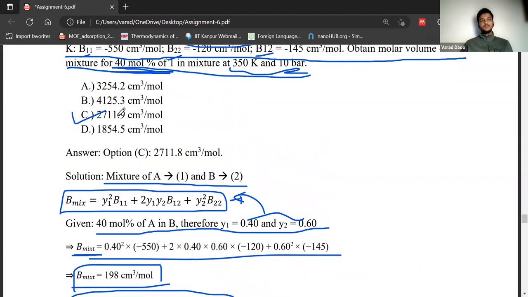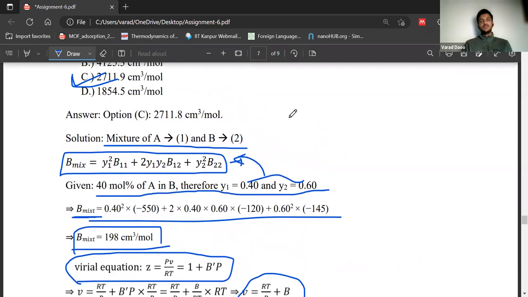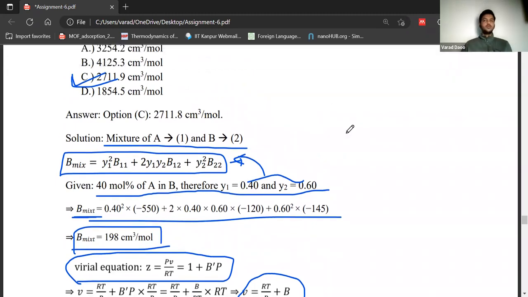option C. Okay. So if you have any doubt, you can ask, and if you don't have any doubt and you want to write it down, I'll give you a couple of minutes to write it down.